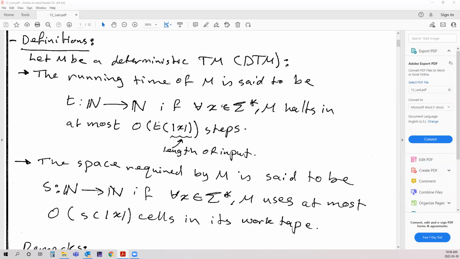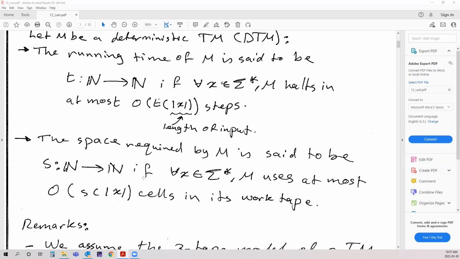There are many complexities that could be counted.